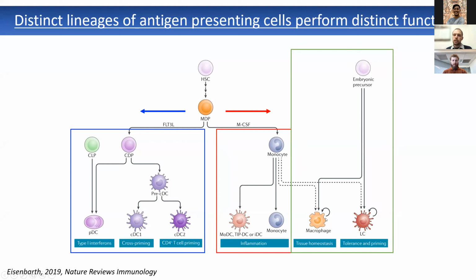And you have a third lineage, which is related to this monocyte macrophage lineage, at least in phenotype, but actually looking at the ontogeny is derived from embryonic precursors within each tissue, which then divide and self-replenish within tissues even in adult life.